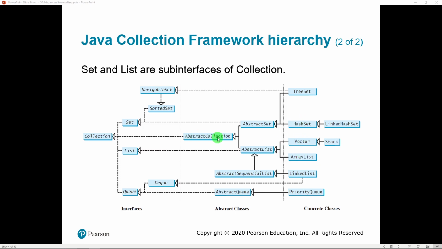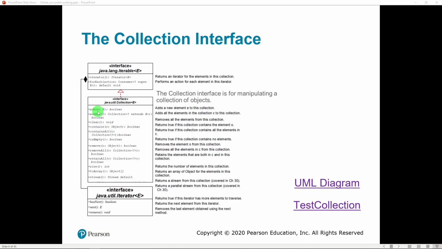The abstract collection writes everything, I believe, except the add method, I think the size method, and the iterator methods. So it provides all of them, except for those three that I just mentioned. And you can see what these methods do.